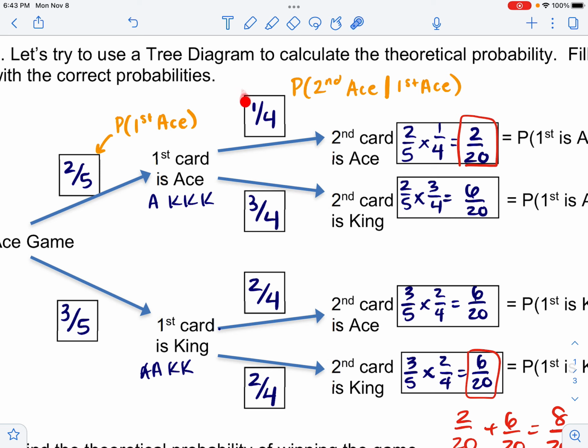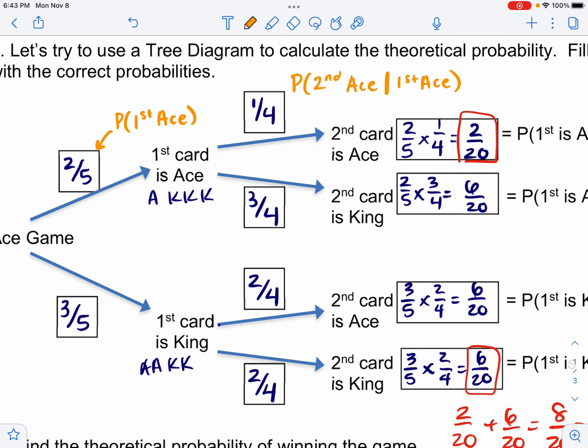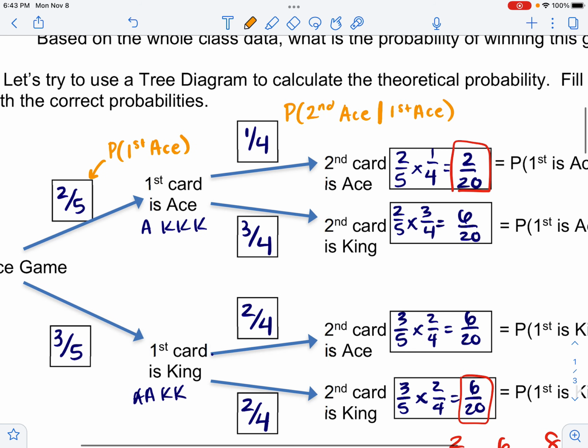That's because this one is given that the first one was an ace. Down here, this is the probability of a second ace given the first is a king. So when you're filling out the tree diagram, you have the givens or the conditional probabilities in the second branch.